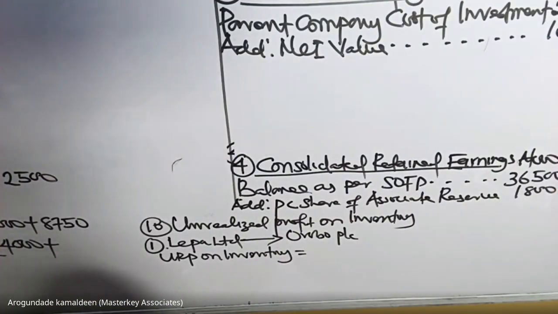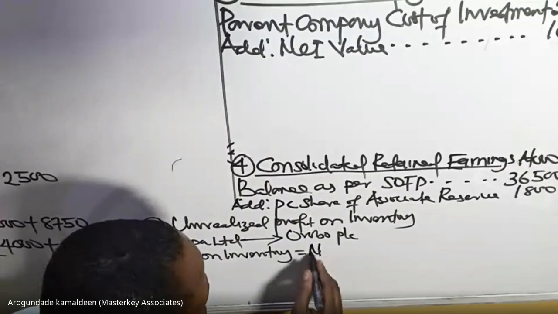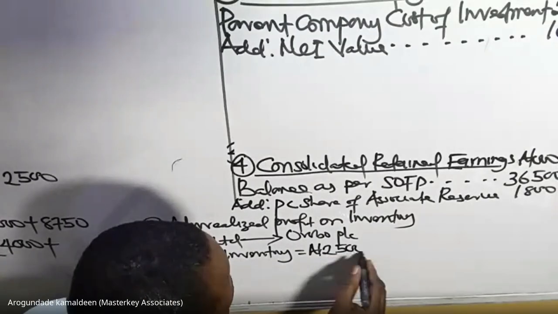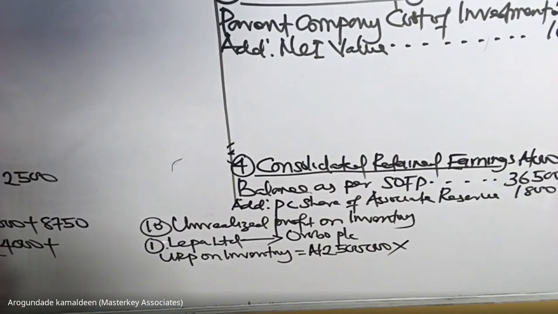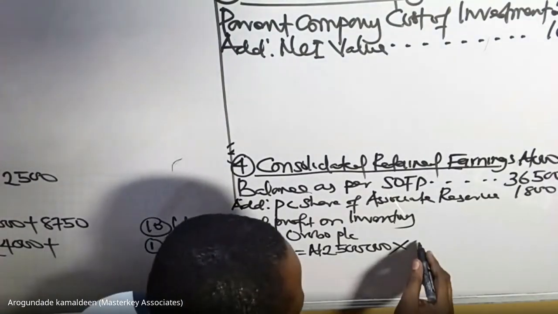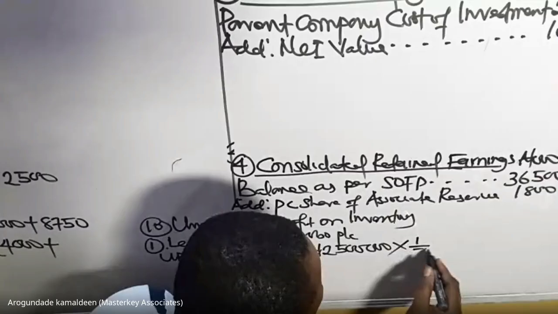What is the value of the goods unsold here, class? 2.5. Now, you know it is at markup. So convert that markup to margin. That is 1 over 5, right?